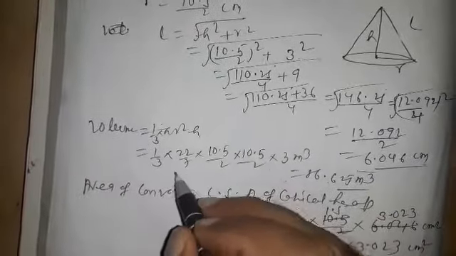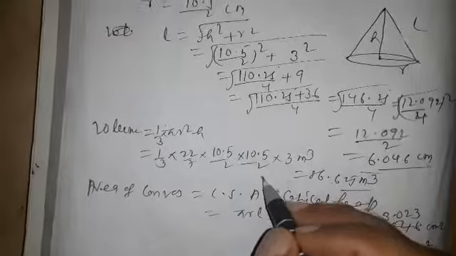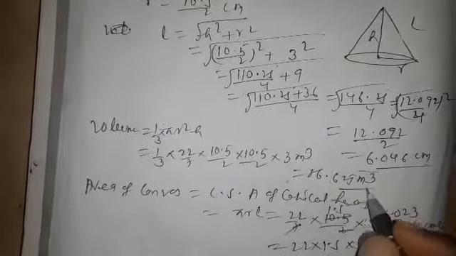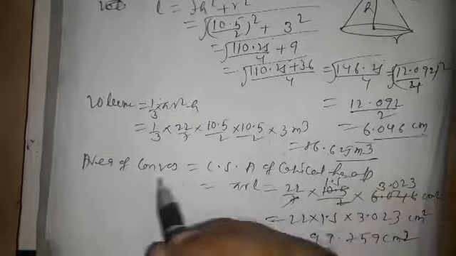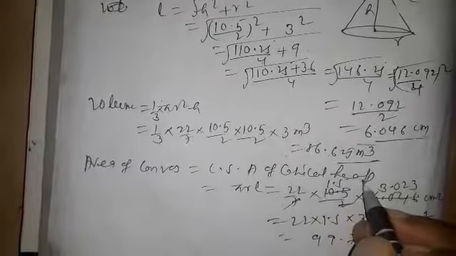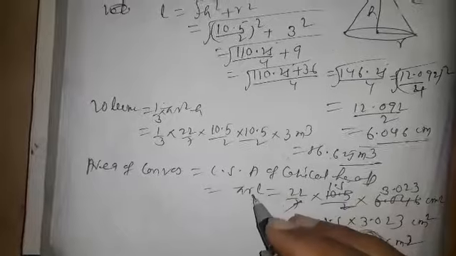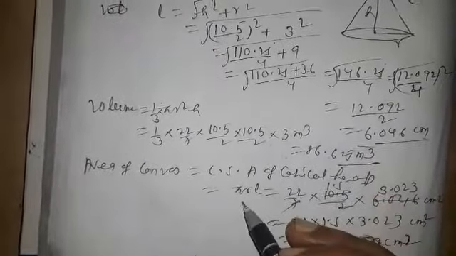Volume is 1 by 3 pi r square h, 1 by 3 into 22 by 7, 10.5 by 2, 10.5 by 2, 3 meter cube, and this is 86.625 meter cube. It may be slight change. Area of canvas, CSA of conical heap, and slant height l is here 6.046.